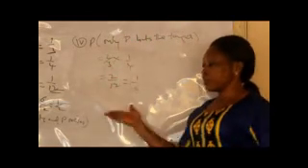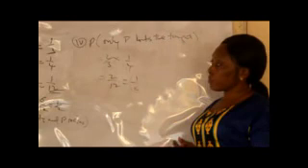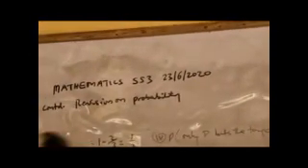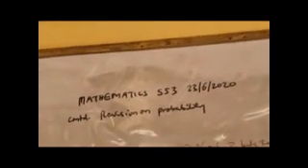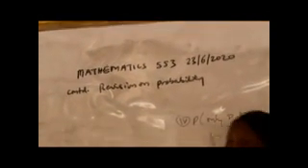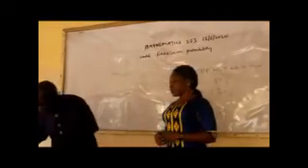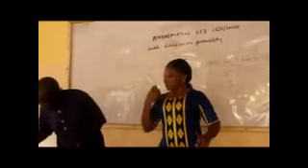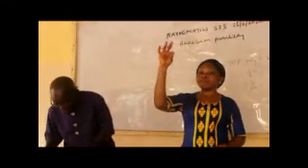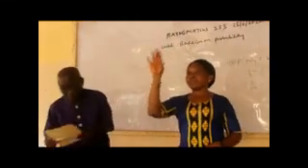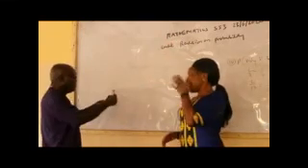Now we go to another question, which is from June 1992, which says, in a game, a fair die is rolled once.